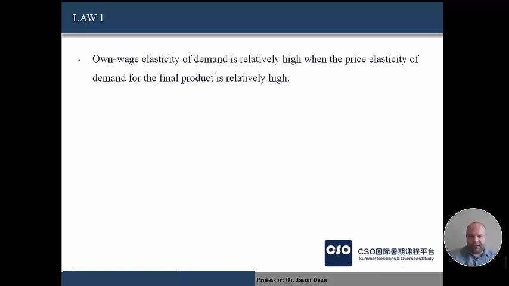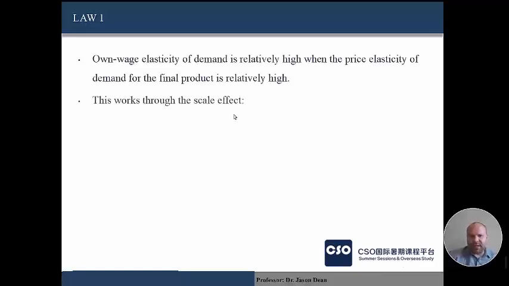If the demand for the product is elastic and consumers are very sensitive, then an increase in the price will result in a lot of people doing without that product, and so the quantity demanded will fall. If there's less quantity demanded, the firm is going to want to produce less and it's going to need less labor. So the more elastic the product demand, the more elastic the demand for labor will be.